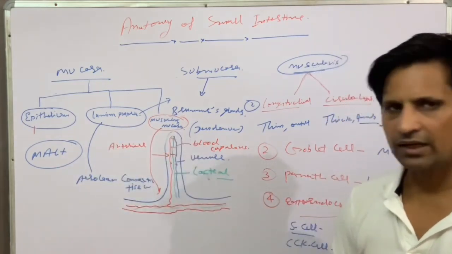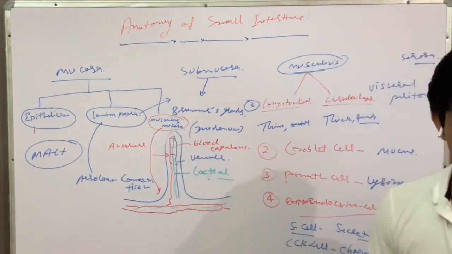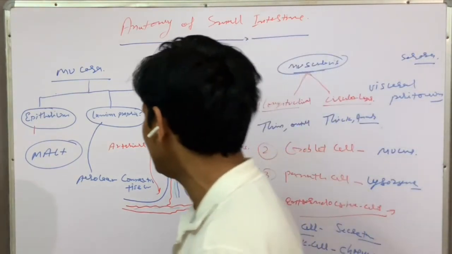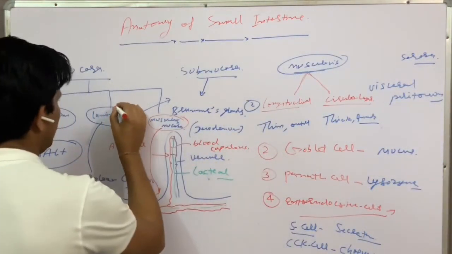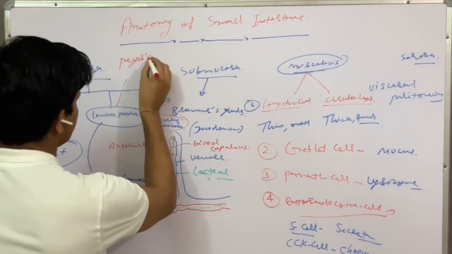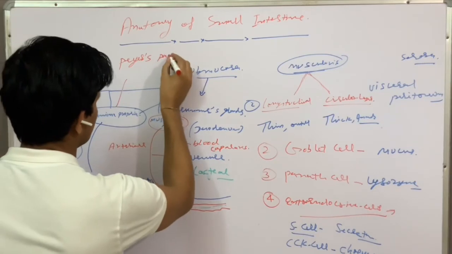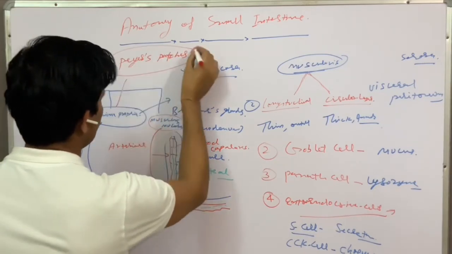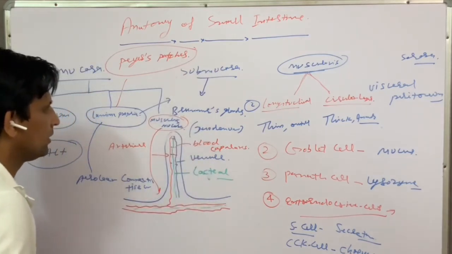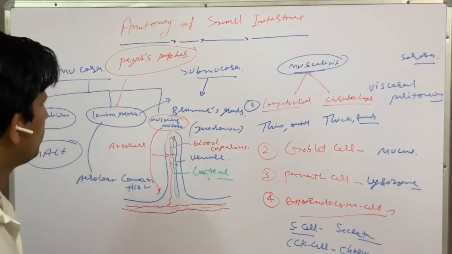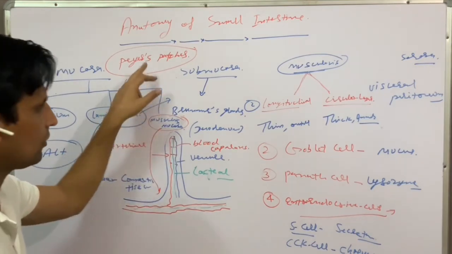This particular layer contains a group of lymphatic nodules, and this group of lymphatic nodules situated in the lamina propria is known as the Peyer's patches.